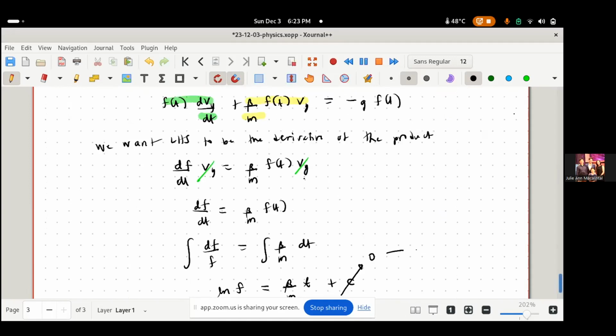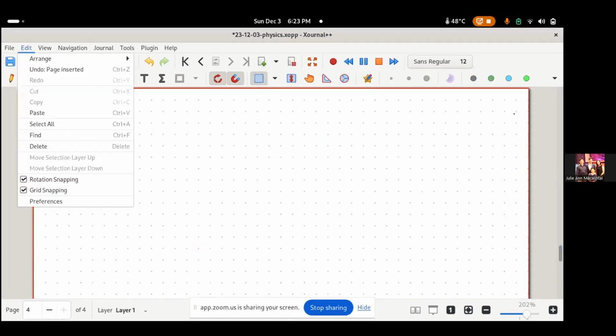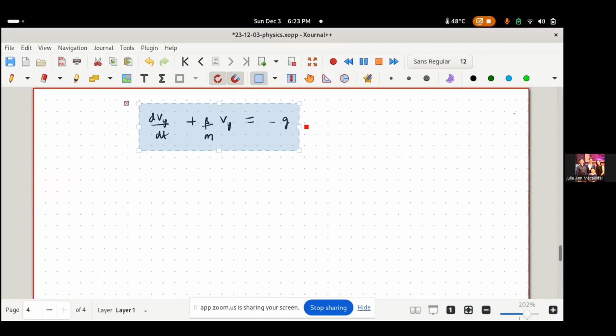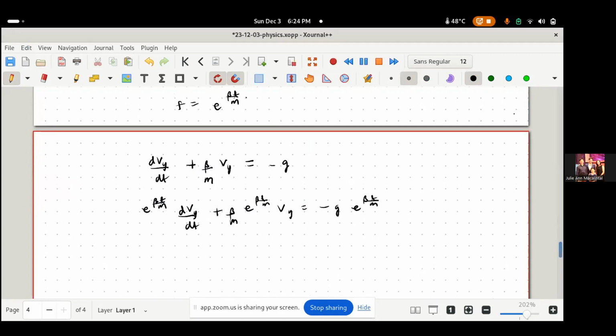Ngayon, nahanap na natin yung f. So let's go back to this differential equation. So on multiplying f, we're going to get e to the beta t over m times dvy dt plus beta over m e to the beta t over m vy, and we'll get this.